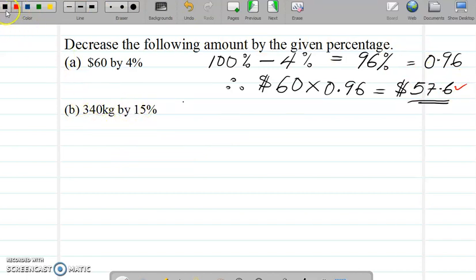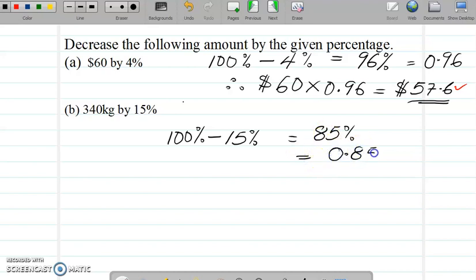If you're asked for a 15% decrease, I will have 100% minus 15%, because I'm decreasing. 100 minus 15 is 85%. So 85% divided by 100 gives us 0.85.